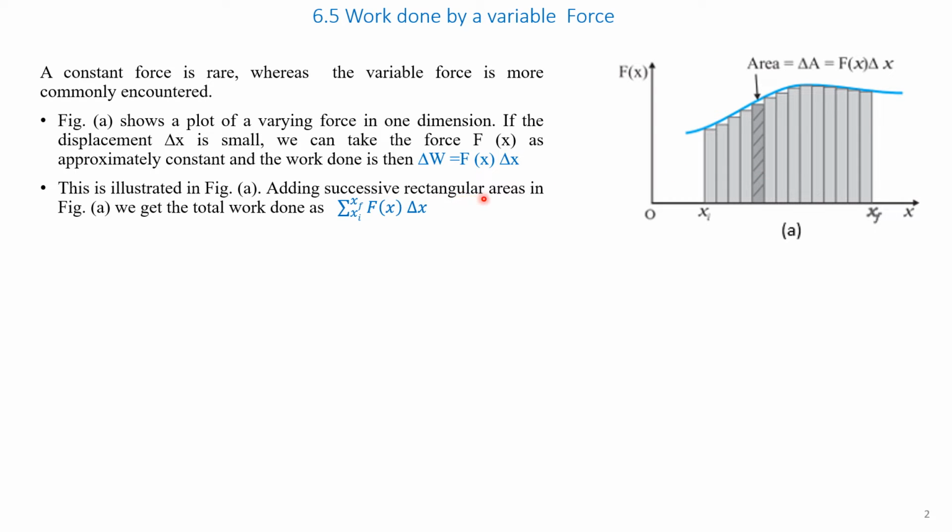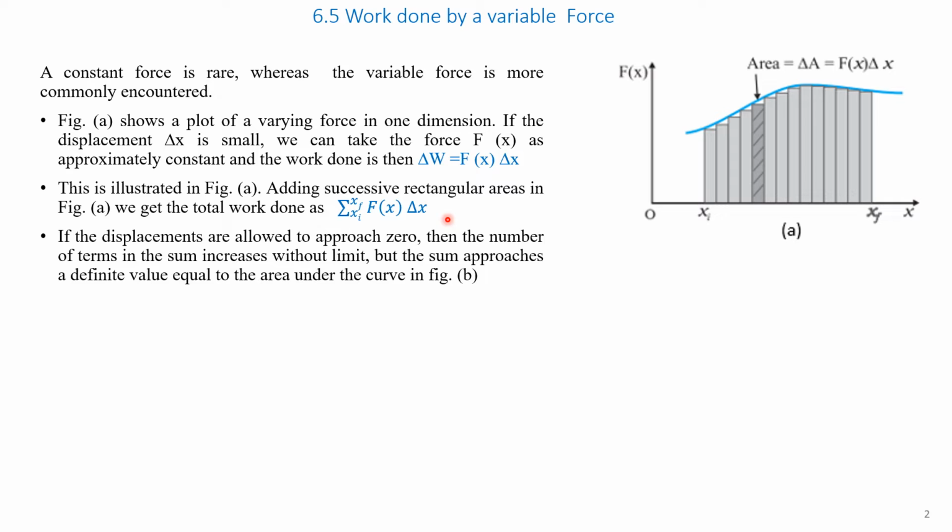Adding successive rectangular areas in figure A, we get the total work done as the summation from initial position xi to final position xf of Fx into delta x. Therefore, if the displacements are allowed to approach 0, that is as delta x tends to 0, the number of terms in the sum increases without limit.